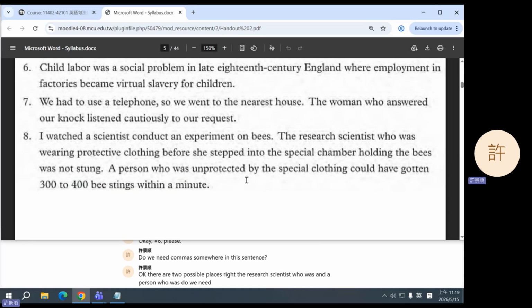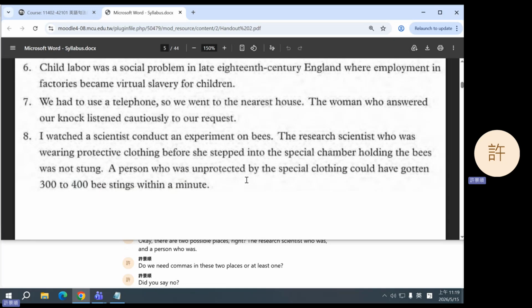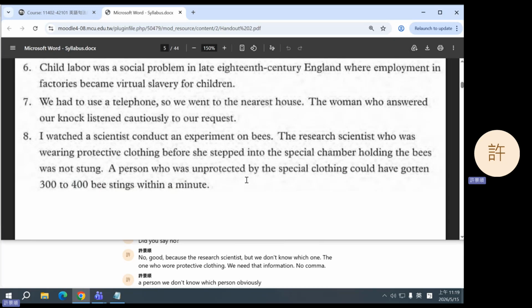Do we need commas in these two places? Or at least one? Did you say no? No, good, because the research scientist, but we don't know which one. The one who wore protective clothing. We need that information, no comma. A person, we don't know which person, obviously. We need that information, no comma. Good.